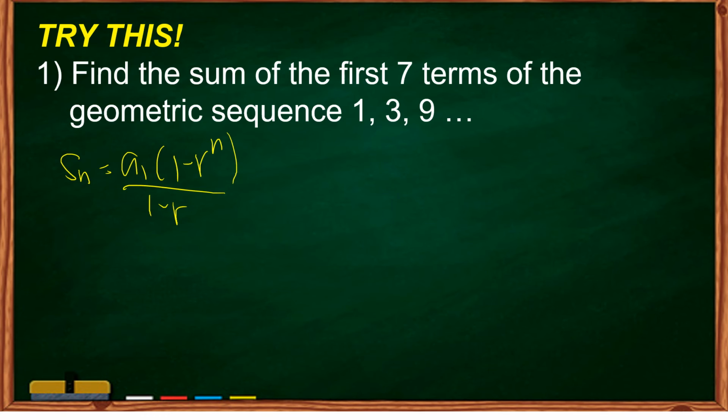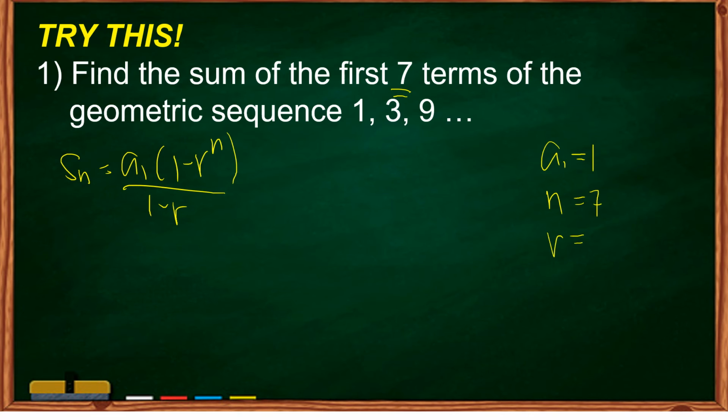So clearly, we need to find a sub 1, common ratio, and number of terms. From the given, the a sub 1, or the first term, is 1. The number of terms is 7 because we are asked to find the sum of the first 7 terms.